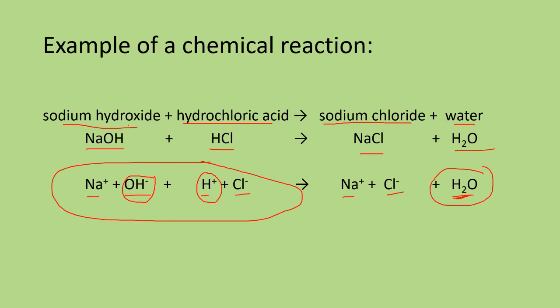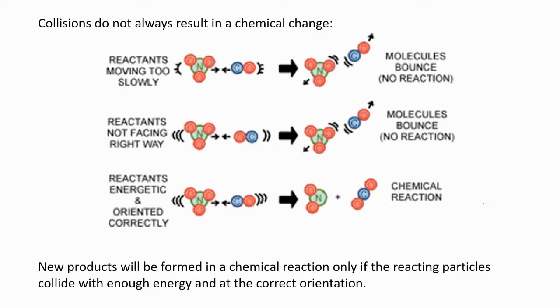So this reaction is an acid-base reaction, forms a salt plus water, and we need to have the reactant particles collide to form the products. But the collisions do not always result in a chemical change. If the reactant particles are moving too slowly, they will just bounce off each other and there'll be no reaction. If the particles are facing the wrong way, then there will also be no reaction.